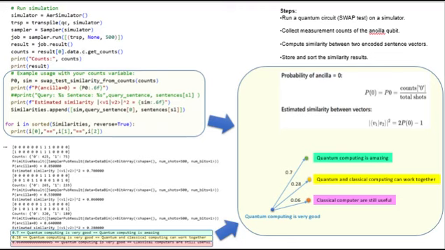And just like that, we've built a full pipeline: text preprocessing, vectorization, quantum angle encoding, controlled swap test, quantum measurement, and sentence similarity ranking. This is a practical example of how quantum computing can enhance semantic search and NLP tasks, even with small circuits and basic encodings.